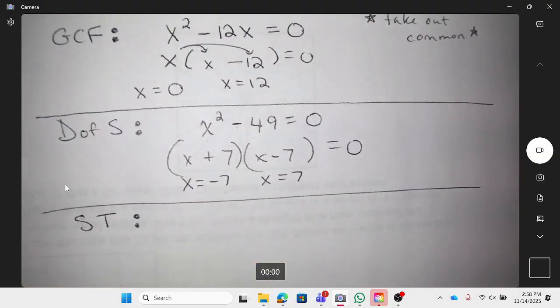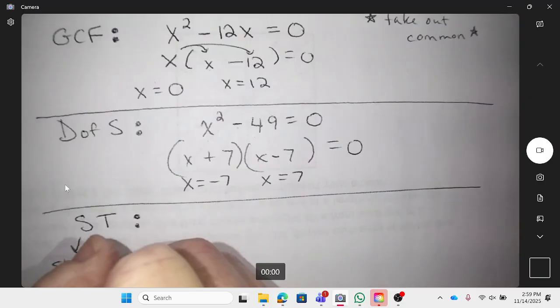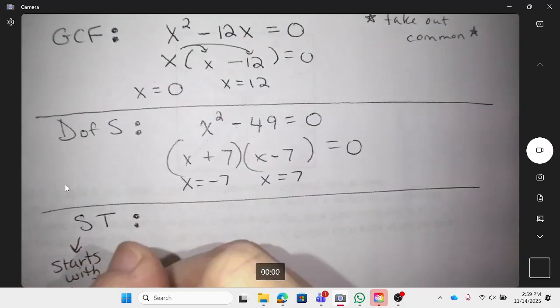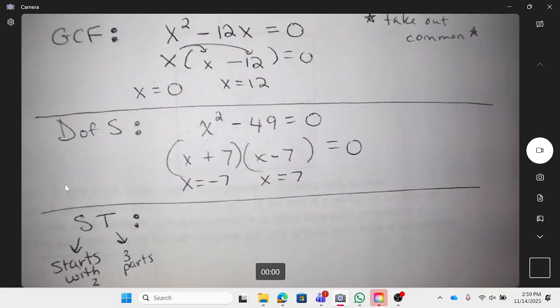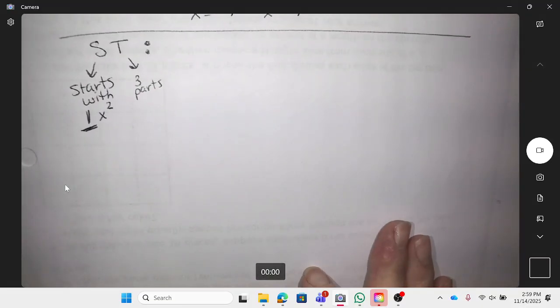Okay, so an ST, what does that even mean, ST? Simple trinomial. How do I recognize it? Okay, so it starts with 1 x squared.